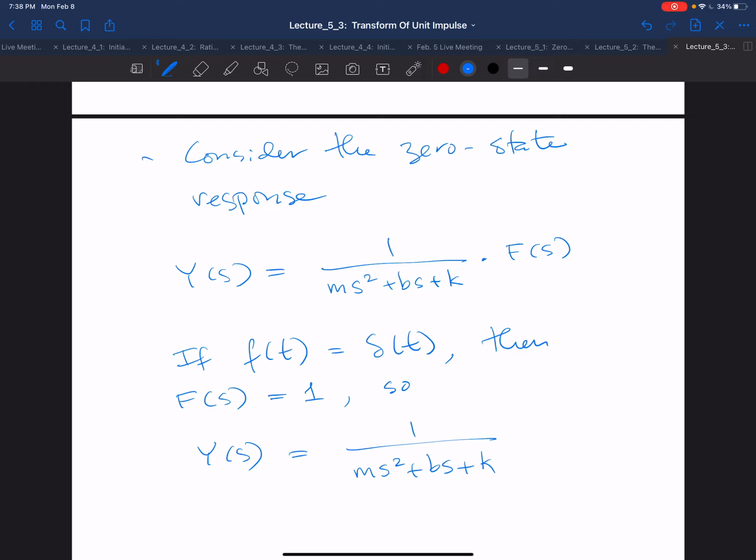We said that we're going to call this function that multiplies the transform of the input in our zero state response the transfer function. We'll be talking a lot about transfer functions in the future. But what is this transfer function? We've just seen that it is the zero state response to an input in the form of a unit impulse.